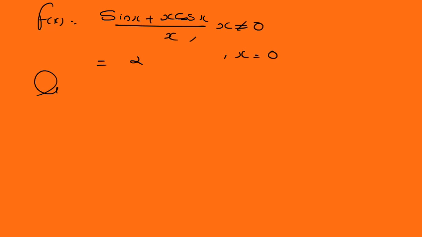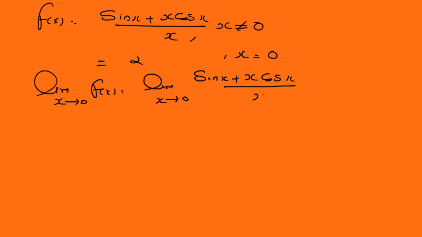So limit x tends to 0 f of x is equal to limit x tends to 0 of sin x plus x cos x by x. If you split into 2, limit x tends to 0 sin x by x plus cos x. Limit x tends to 0 sin x by x is 1. Limit x tends to 0 cos x is 1. So 1 plus 1, 2.